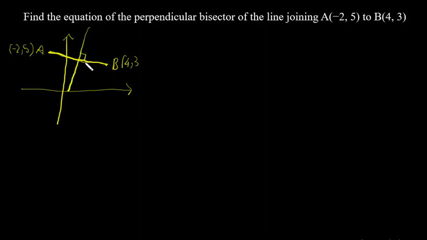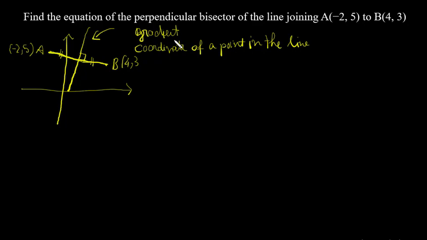This one is the perpendicular bisector. For the equation of this one, we need two things. First, we need the gradient of this line, and second, we need the coordinates of at least a point in the line.